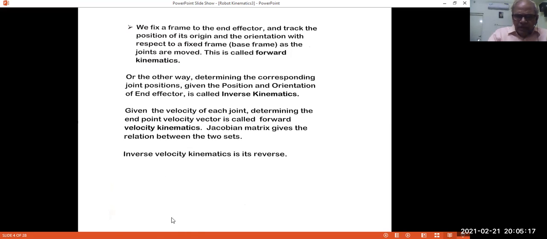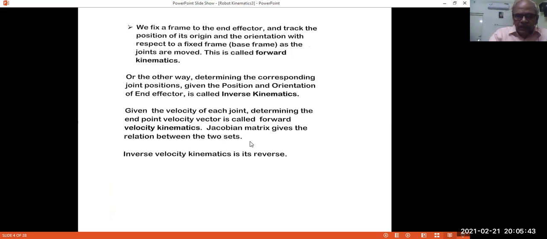On the other hand, many times you know where the end effector has to go. It has to trace a certain path. Then what should be the corresponding joint variables? What should be the positions of the various joints for the end effector to be at that position at that point of time?